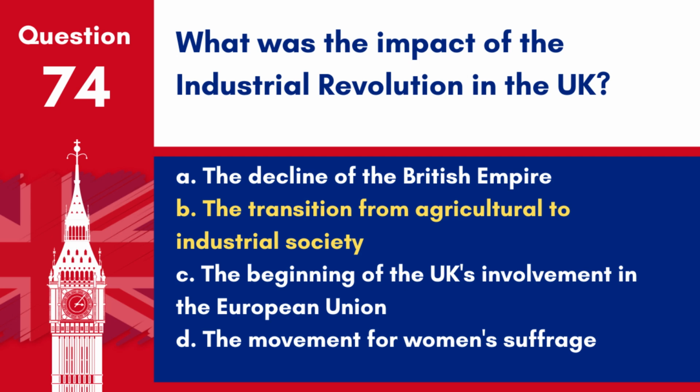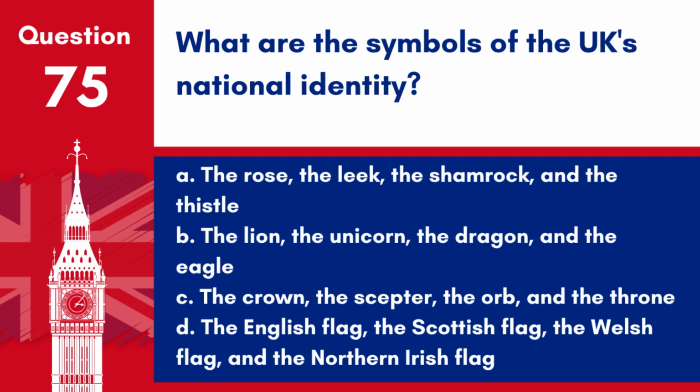The Industrial Revolution had a profound impact on the UK, marking the transition from an agricultural society to an industrial and manufacturing powerhouse. Question 75. What are the symbols of the UK's national identity? A. The rose, the leek, the shamrock, and the thistle.